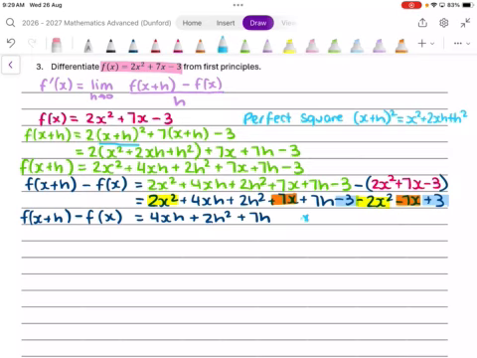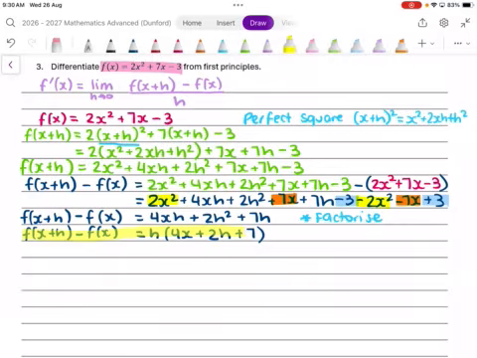Okay, now we need to factorize out the h. So we'll get h lots of 4x plus 2h plus 7. And that is what our f of x plus h minus f of x is.